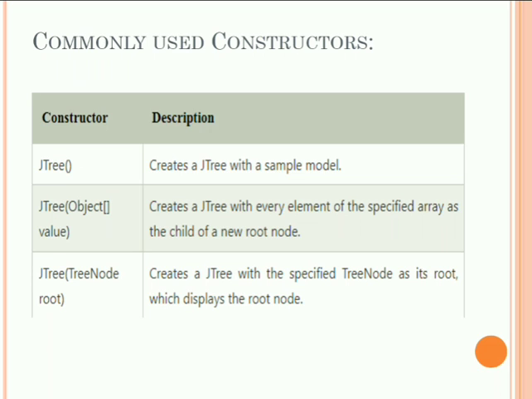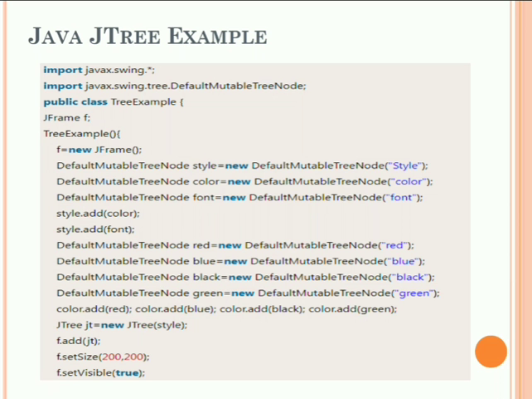Then JTree(Object[] value) creates a JTree with every element of the specified array as the child of the new root node. Then JTree(TreeNode root) creates a JTree with the specified tree node as its root, which displays the root node. These are the commonly used constructors for designing that JTree.